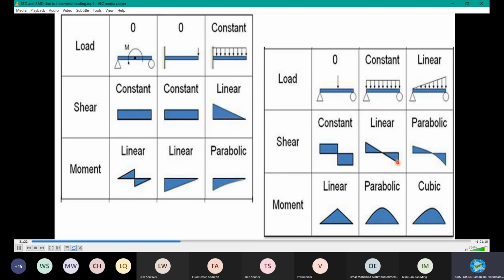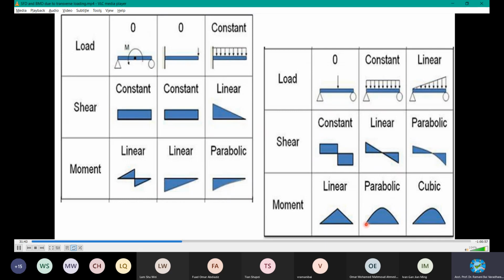And when it reaches here, there is another big reaction provided by the member. Then it drops to this value. That's how the shear force diagram is drawn. Coming to bending moment, I repeat, UDL is parabolic, not an inclined line like a point load, but a parabolic shape.